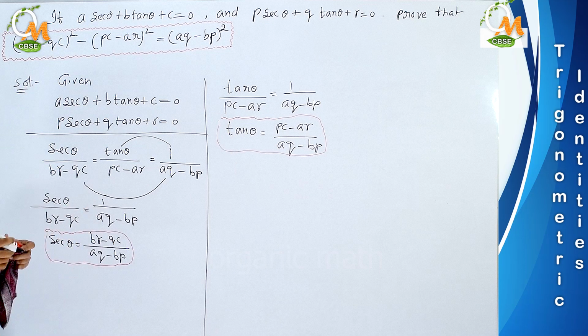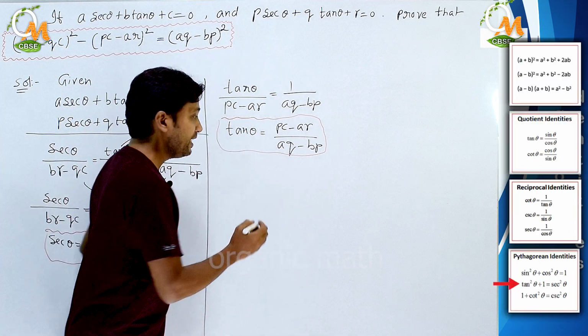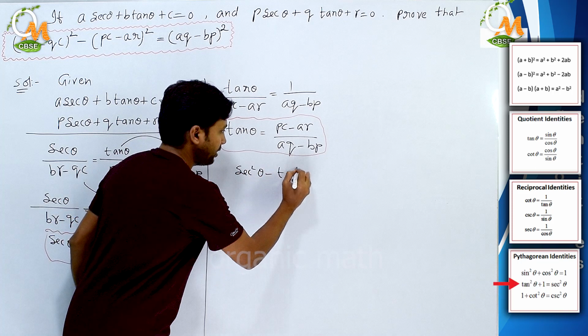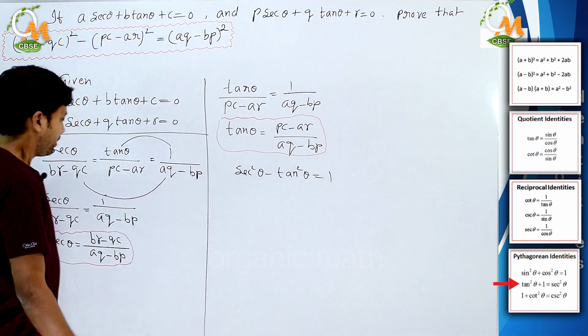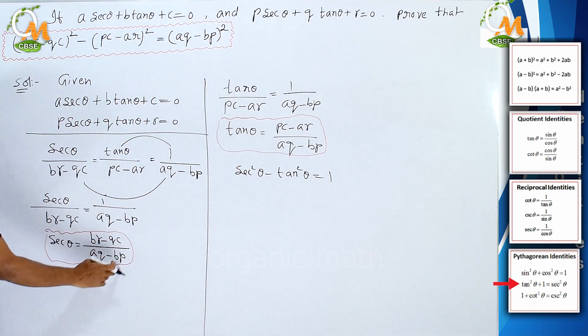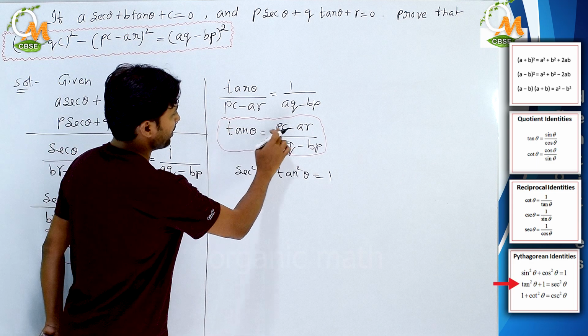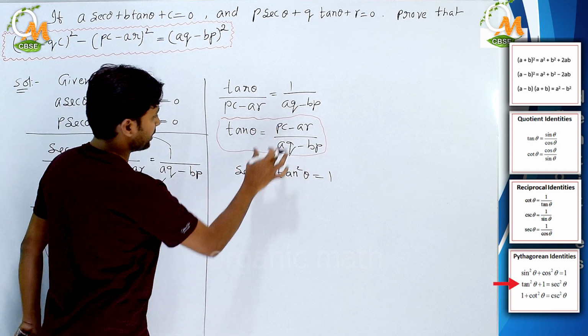Now take the second identity of trigonometry. What is the second identity? Secant square theta minus tan square theta equal to 1. You know the value of secant theta in terms of ABC and PQR, and the value of tan theta in terms of ABC and PQR. So substitute these two values in that.